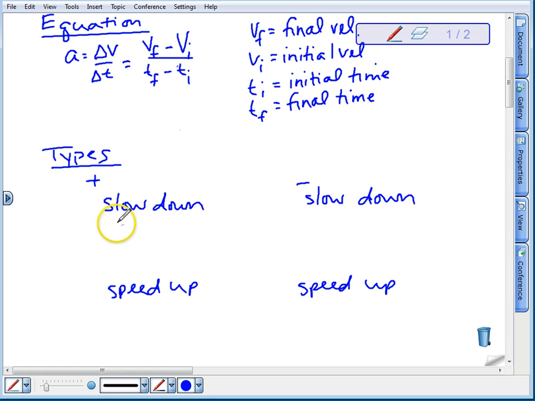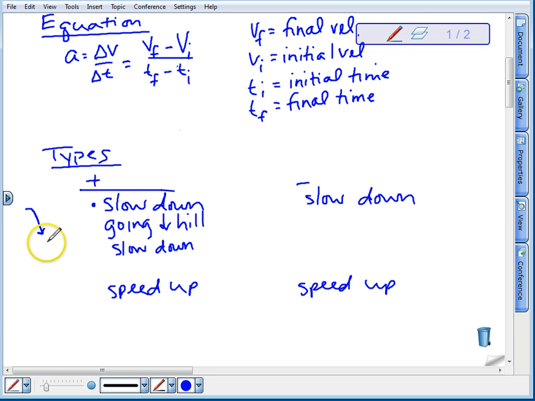So if, for example, we're going downhill and we slow down, that would be a positive acceleration, right? Because here we are going down a hill and our acceleration is slowing us down. It's pushing against the direction we're going. So our velocity is negative, but our acceleration is positive, right?